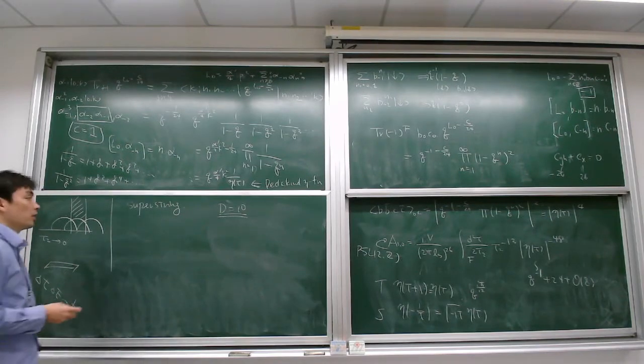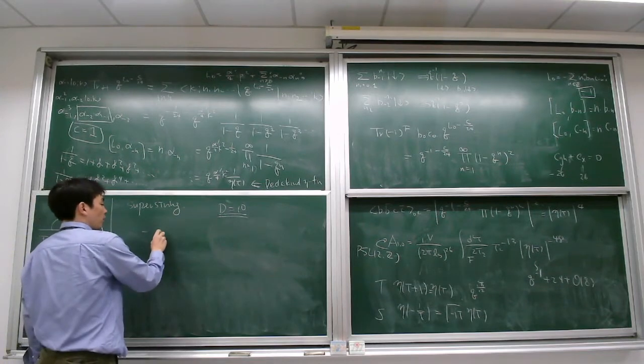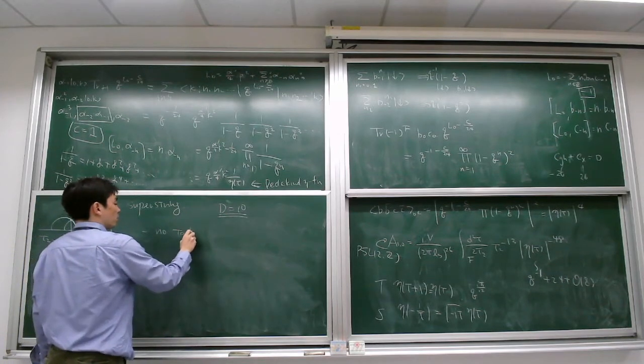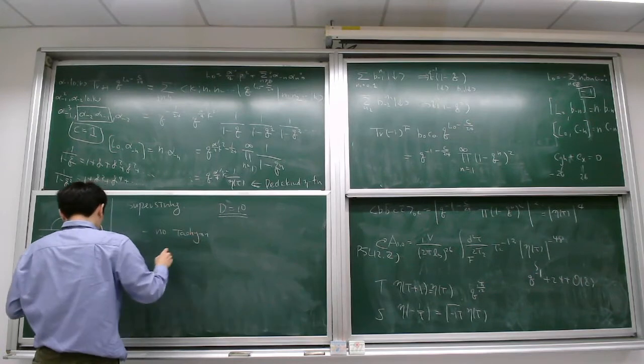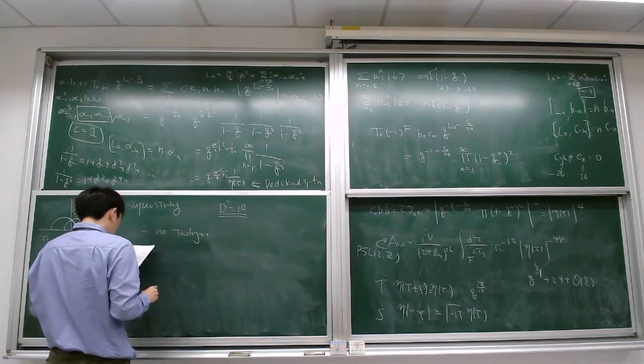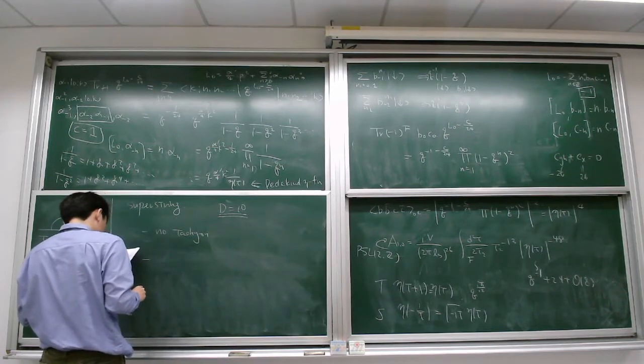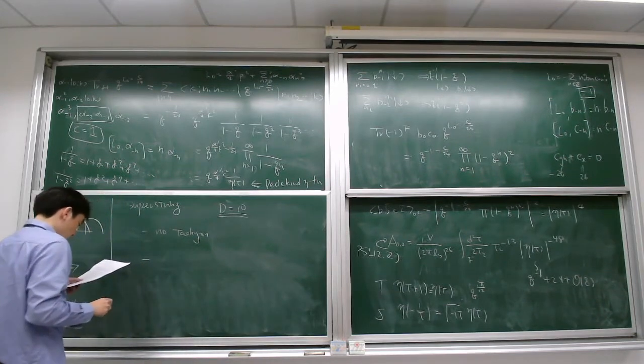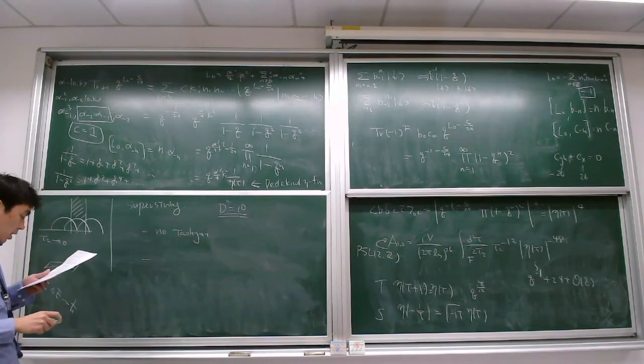And moreover, what's nice about the superstring is there is no tachyon. And furthermore, the vacuum is stable. Okay.